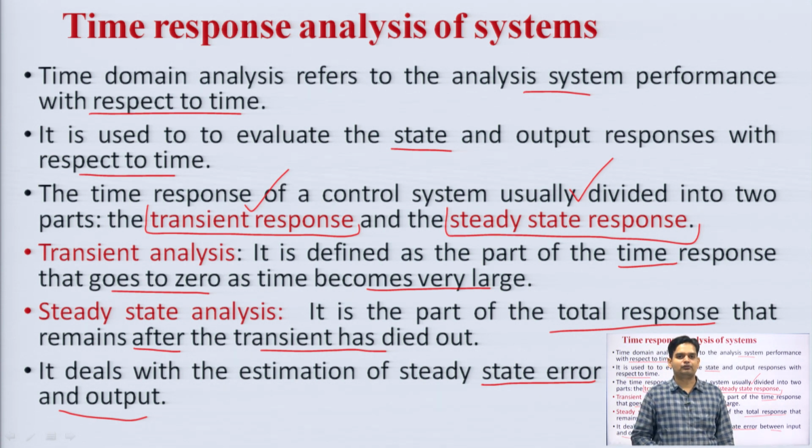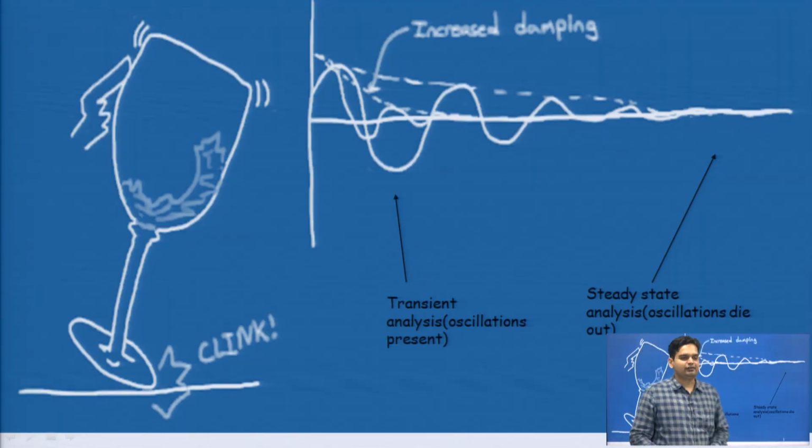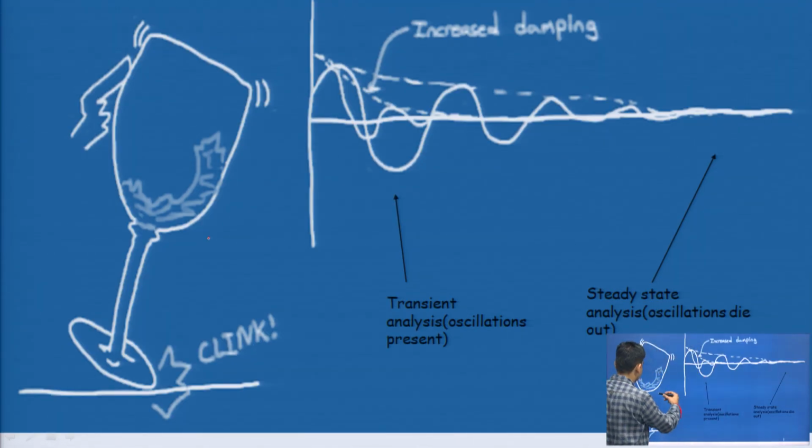Now we will try to understand the concept of transient and steady state. Here we are assuming a wine glass. Whenever this wine glass hits an obstacle, the fluid or wine gets disturbed. There will be a certain vibration in the glass and a lot of vibrations on the wine.